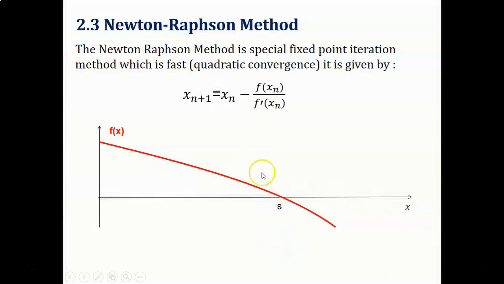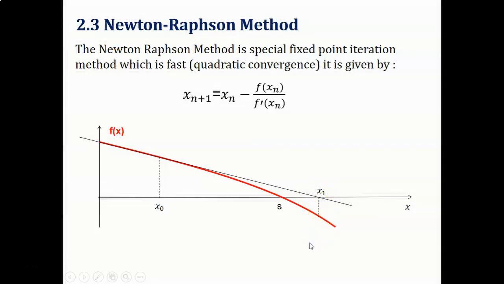So now I will show you geometrically how the Newton-Raphson method works. So we start by point x0, which is the initial solution. We take the tangent at this point x0. So this would give me x1, the solution at the next step.